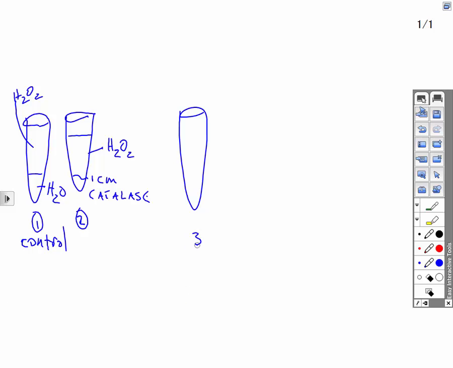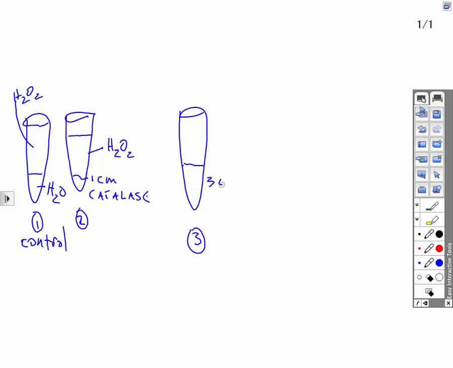And tube 3, what you've got is you will put 3 centimeters of hydrogen peroxide, and then 3 centimeters of catalase.